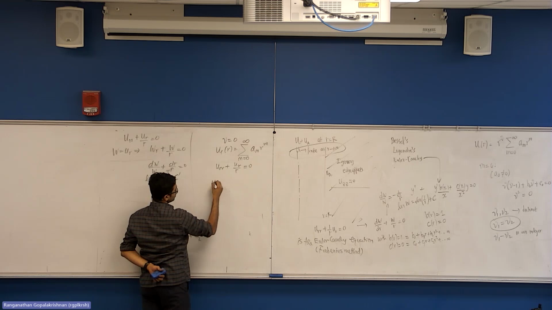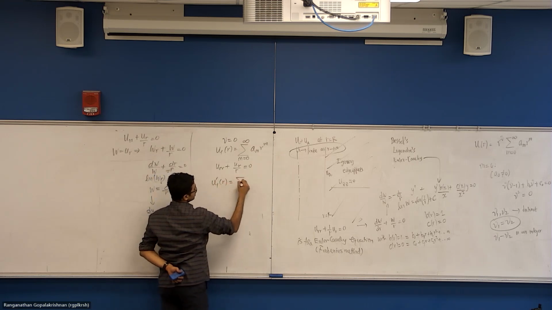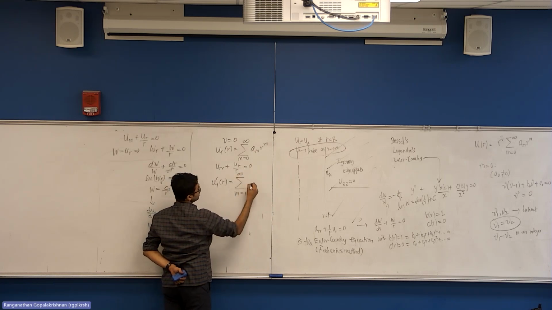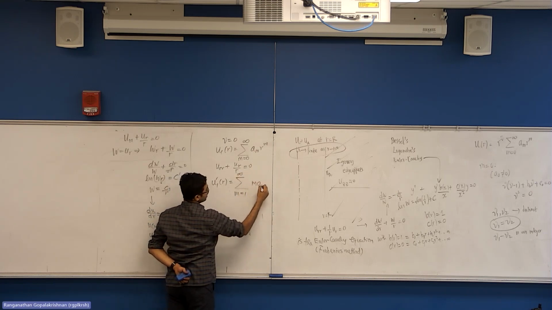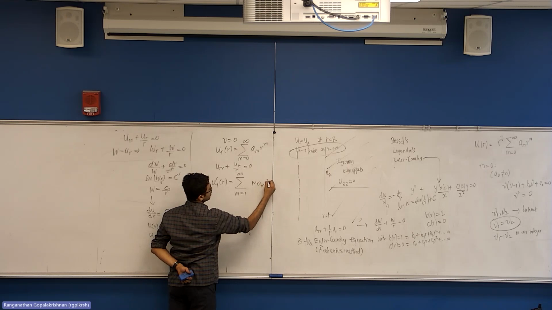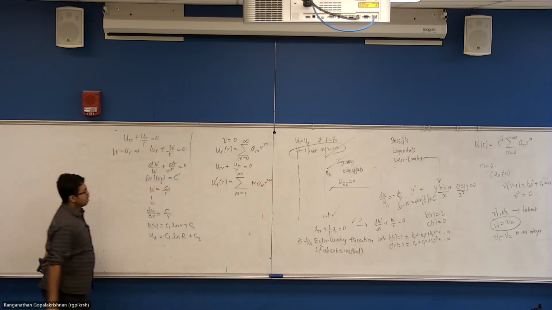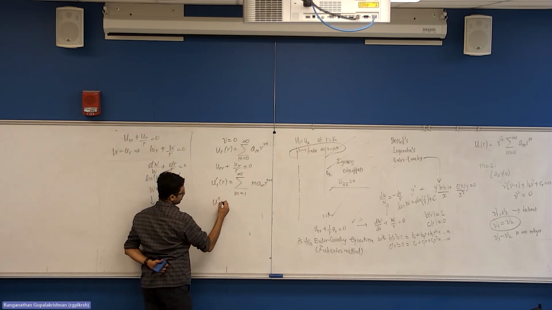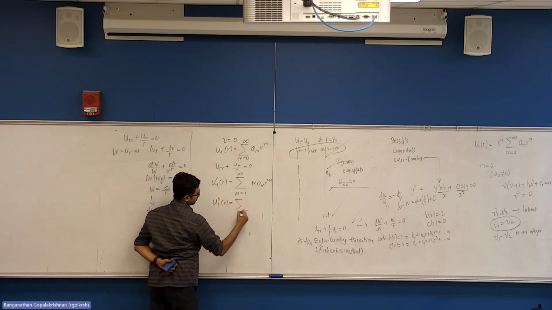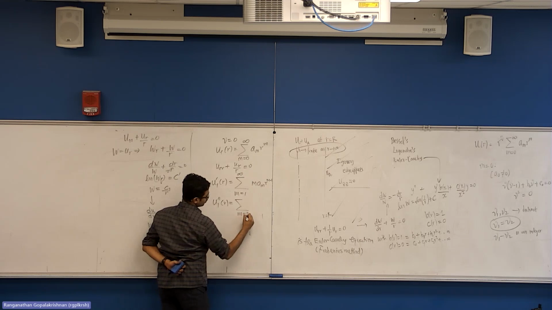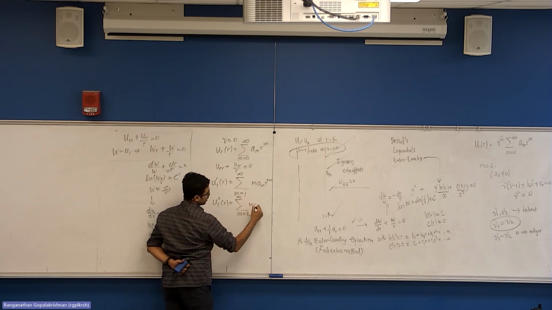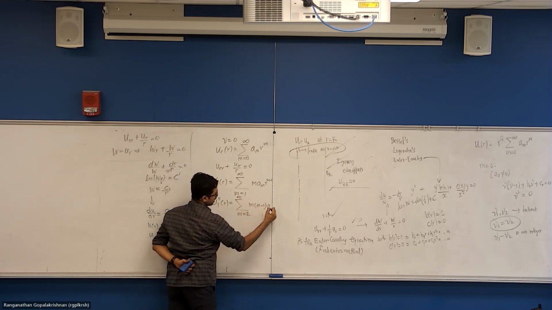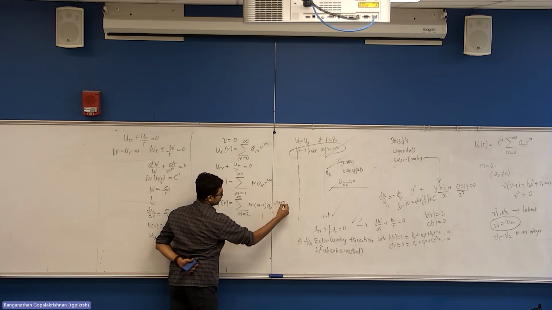If this is u1, what is u1 prime of r? It is the summation m equals 1 to infinity m a_m r power m minus 1. And then u1 double prime of r is the summation m equals 2 to infinity m times m minus 1 a_m r power m minus 2.